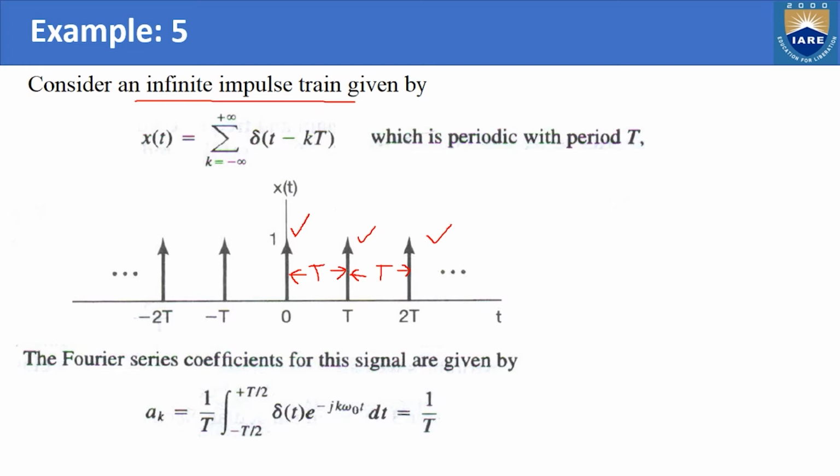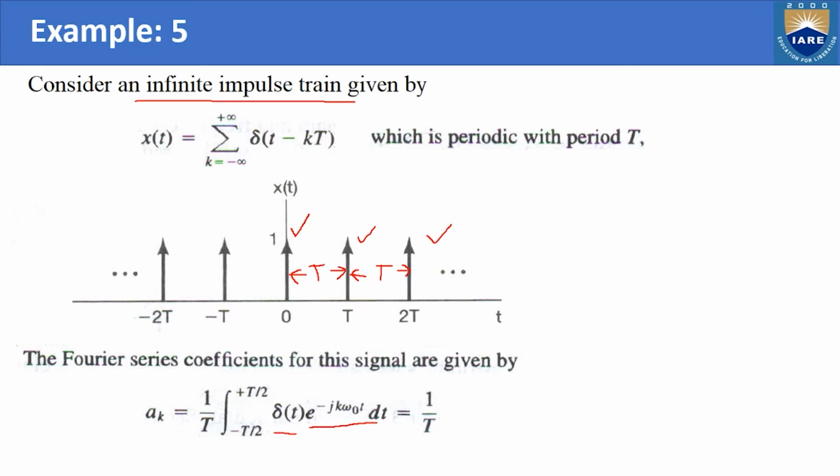Now what are the Fourier series coefficients for this? The definition of Fourier series coefficients: ak equal to 1 by T integral, because you are taking one cycle, that is minus T by 2 to plus T by 2, of the given function, and this is e to the power of minus j k omega naught t.